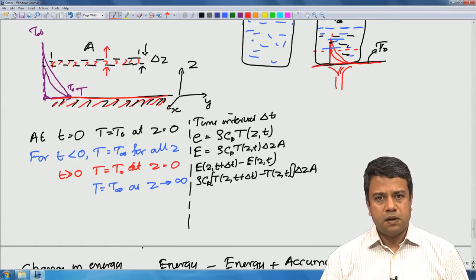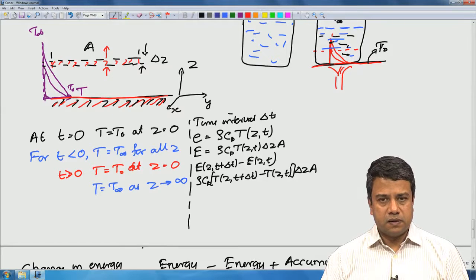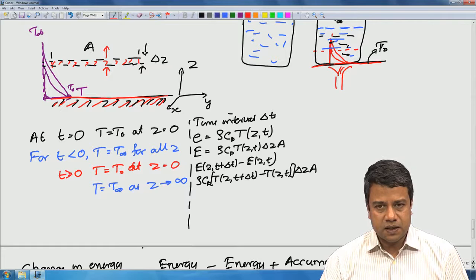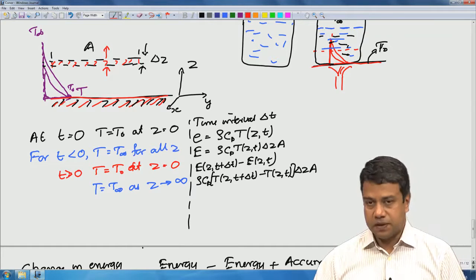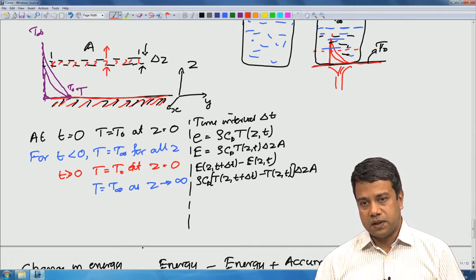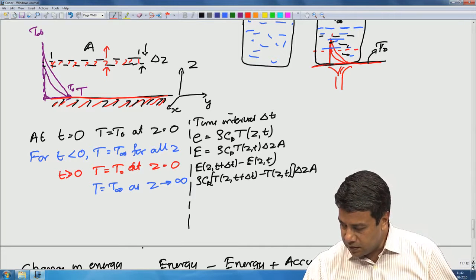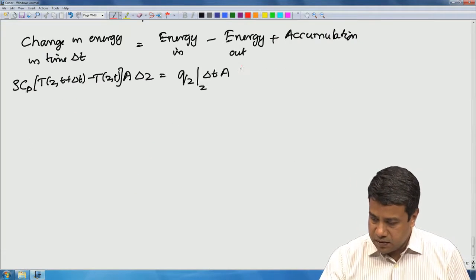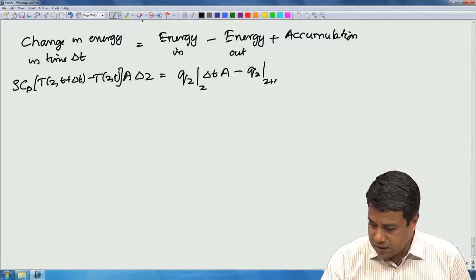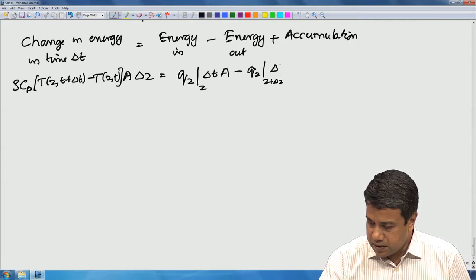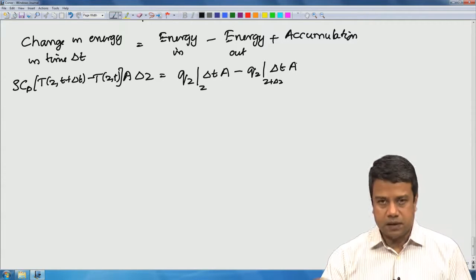The energy leaving at the location z plus delta z is once again equal to the flux at that location z plus delta z times the area times the time interval, because the flux is equal to energy transported per unit area per unit time. So, this is going to be the energy out: the flux in the z direction at the location z plus delta z times delta t times the area.